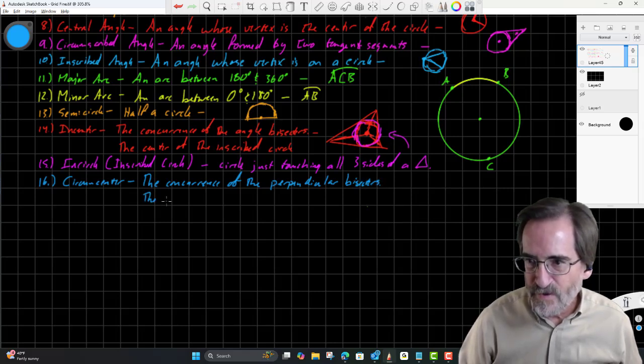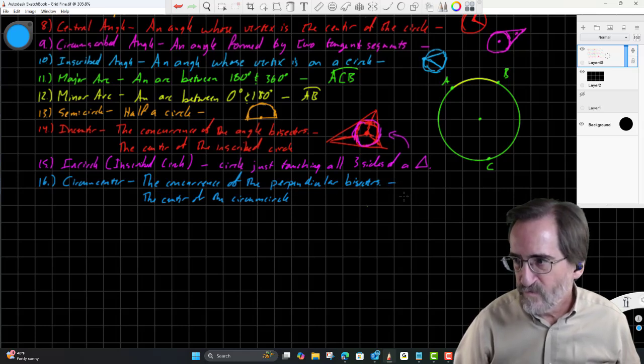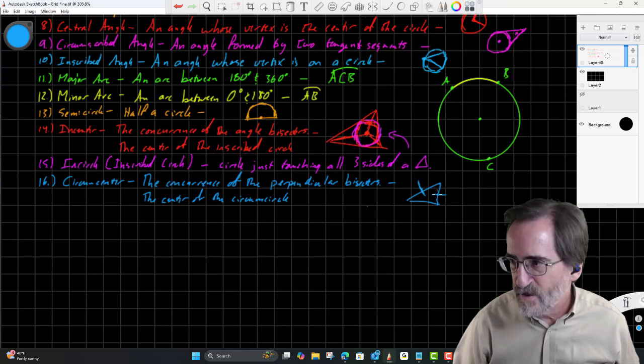Also the center of the circumcircle. So here's a triangle, we construct the perpendicular bisectors of all the sides, they all meet at the circumcenter, and that is the center of the circle that just touches all the vertices.